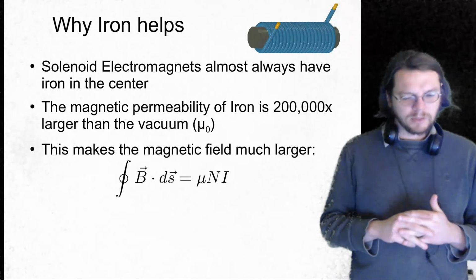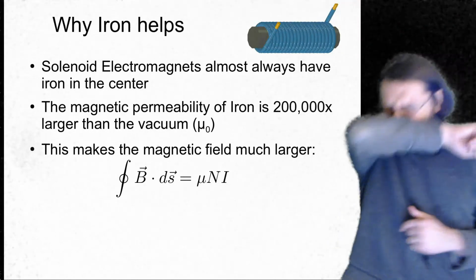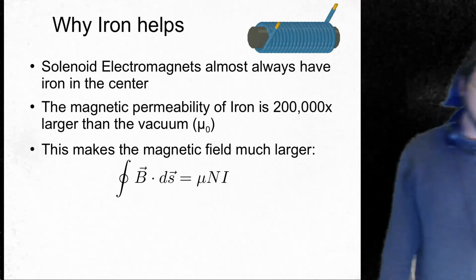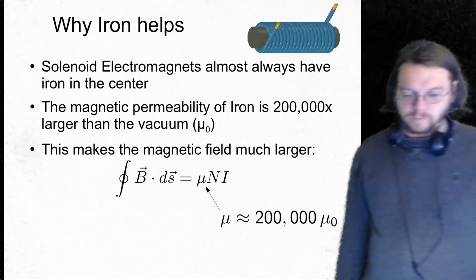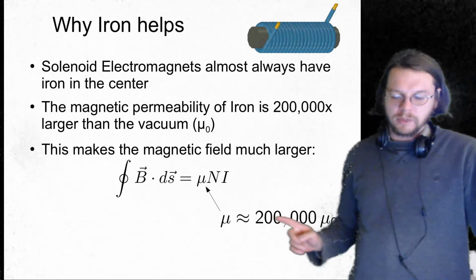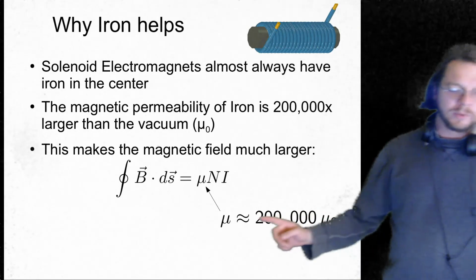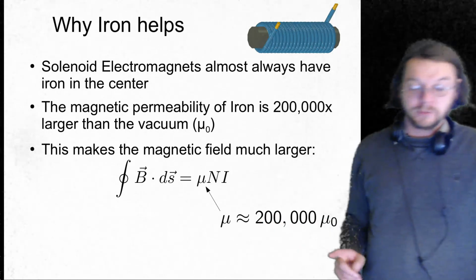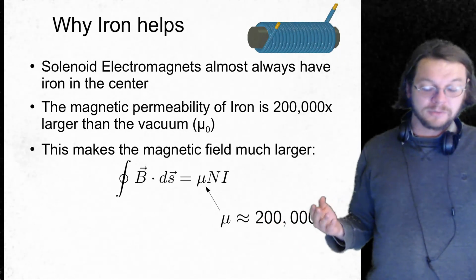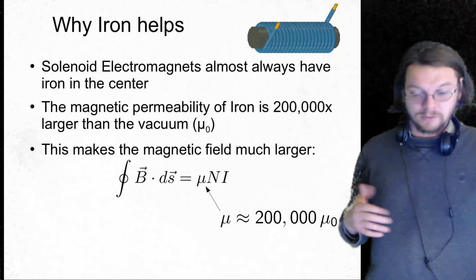And so that's interesting because, if we did this all over again with iron, we would have to multiply this by 200,000, which means we'd multiply our magnetic field result by 200,000, which is really amazing.